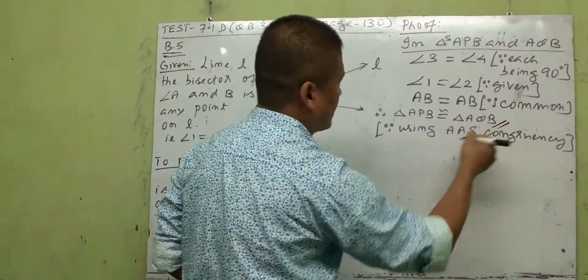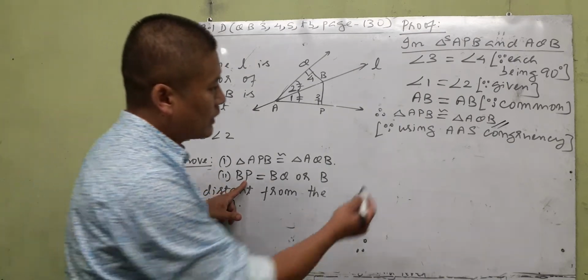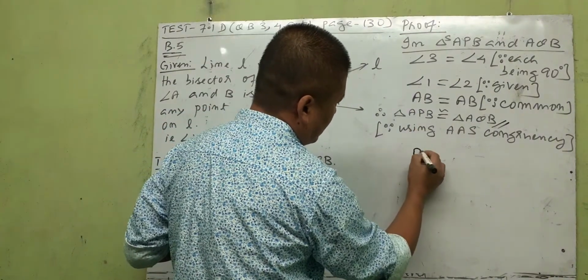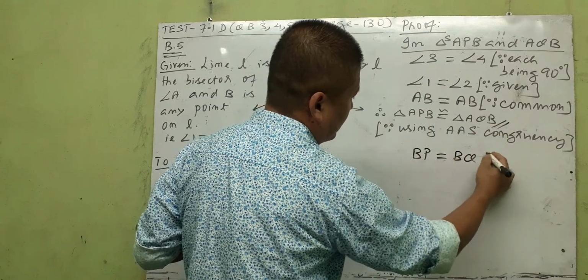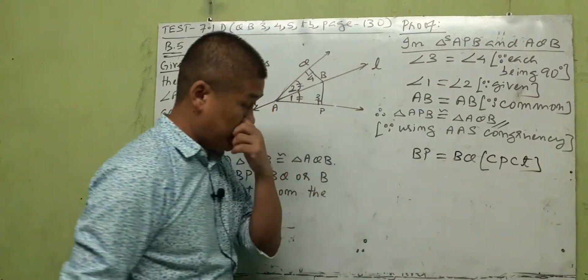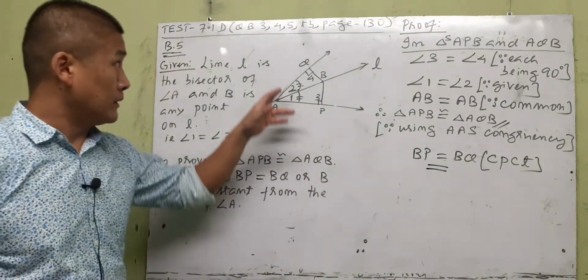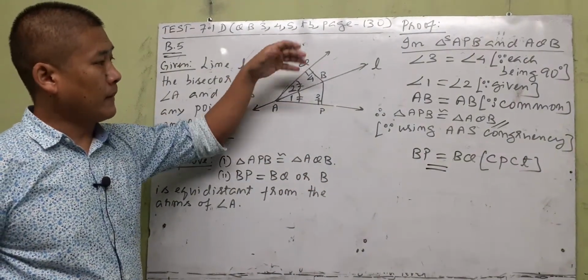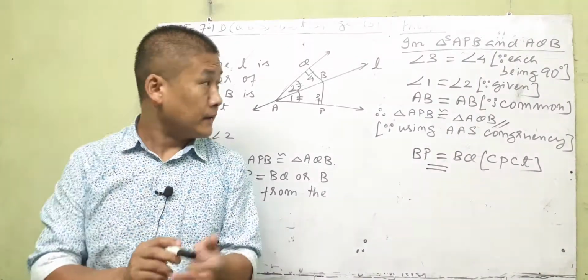So this is your first answer, as you can see here. Now to prove this, BP, the third and the second letter. So I take that. Same third and second I have to take, that only is corresponding. They are equal because they are corresponding parts of congruent triangles. The second answer, right? So this is how you go about 3, 4, 5. I hope you got it right. Okay. So now you can go and give the test.